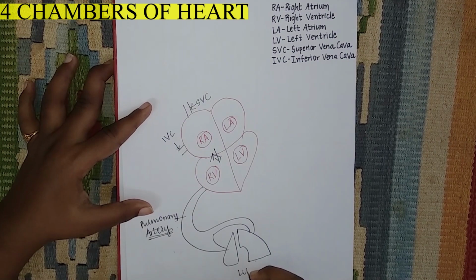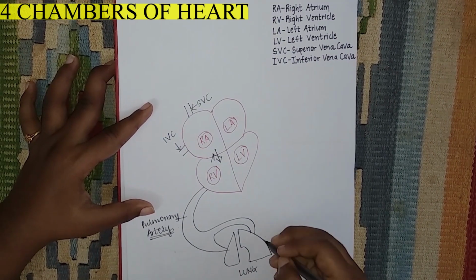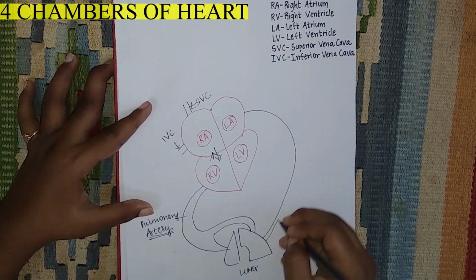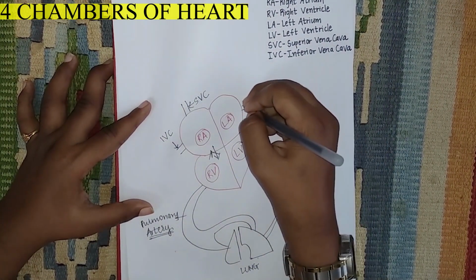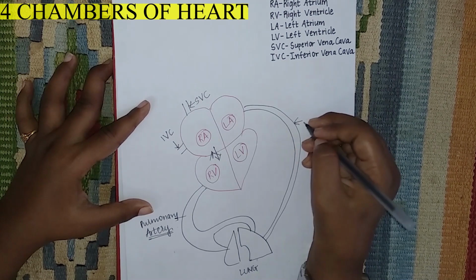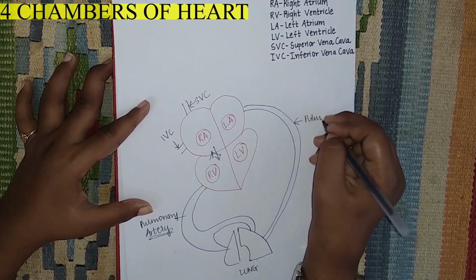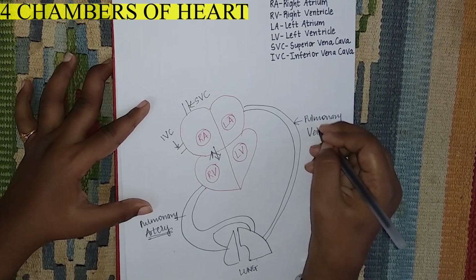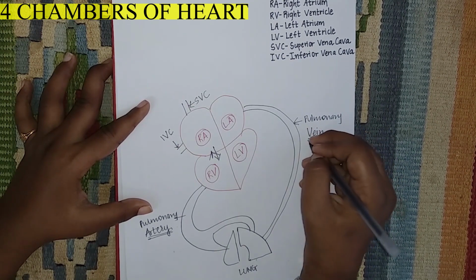After the process of purification in the lungs, the blood goes into the left atrium through the pulmonary vein. Similarly, pulmonary vein and umbilical vein are the only veins in our body which carry oxygenated blood, or the pure form of blood.